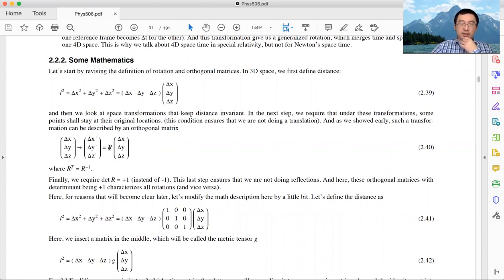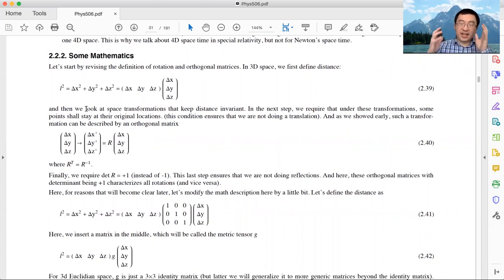The row vector and column vector rotate according to the rotation matrix, and the rotation matrix makes sure that distance is invariant because it's an orthogonal matrix. In order to help us generalize this same type of relation into 4D space, let me rewrite this definition of distance in a slightly different way.